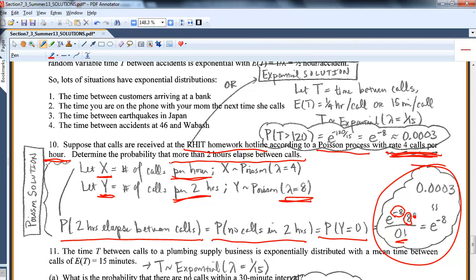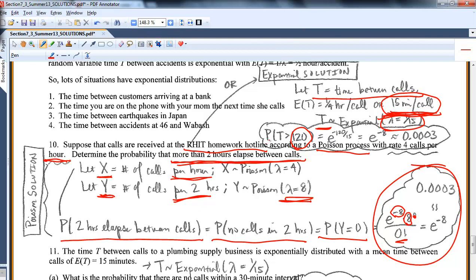Determine the probability that more than 2 hours elapsed between calls. More than 2 hours, I'm switching to minutes, that's more than 120 minutes. If t is the time between calls, there's 15 minutes between calls because we said 4 occur per hour. So if on average there's 15 minutes between calls, then t is exponential, and this is the mean, so the parameter is 1 over 15.